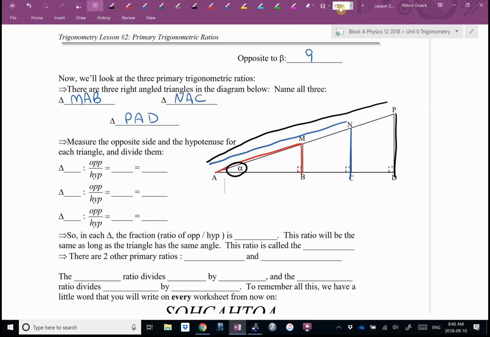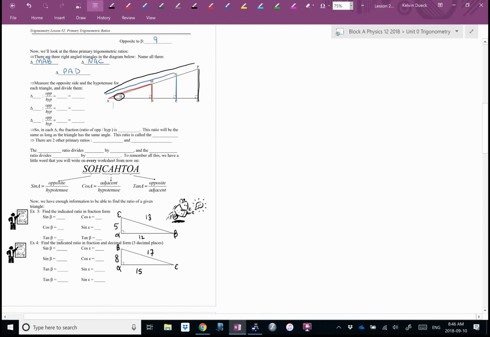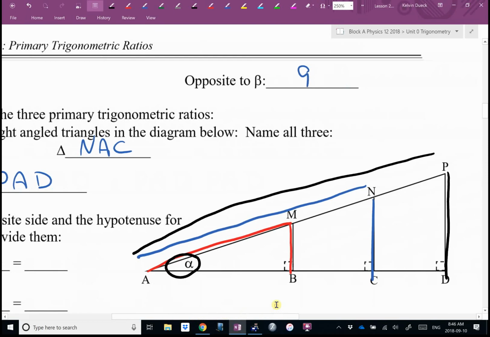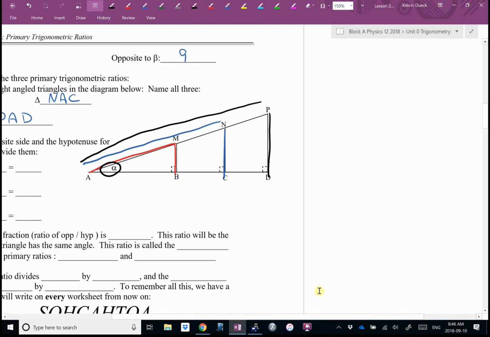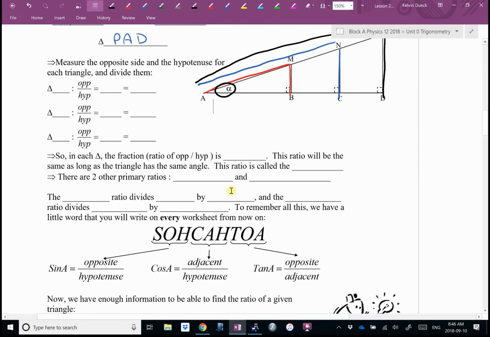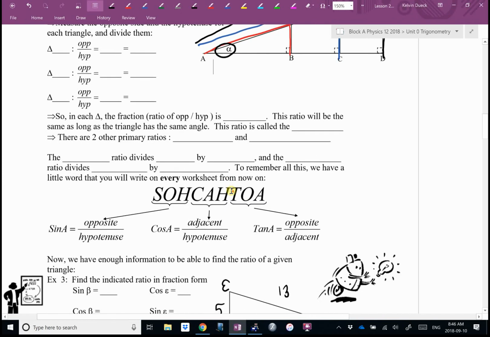And it doesn't matter whether I zoom smaller or zoom bigger, those ratios won't change. It's irrespective of scale. And it turns out your calculator has all of these ratios programmed in.